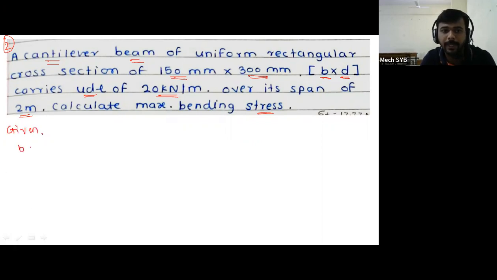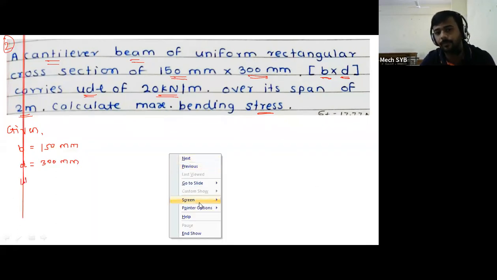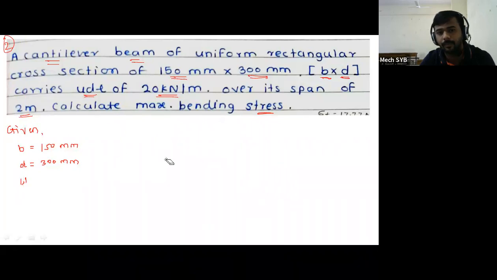See, value of B is equal to 150 mm. Value of D is equal to 300 mm. Write down value of W is equal to 20 kilonewton per meter.